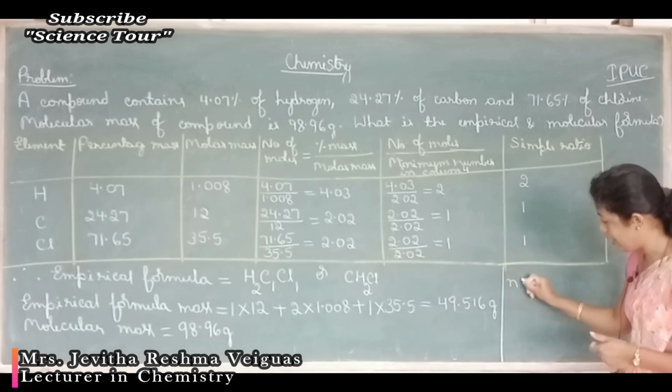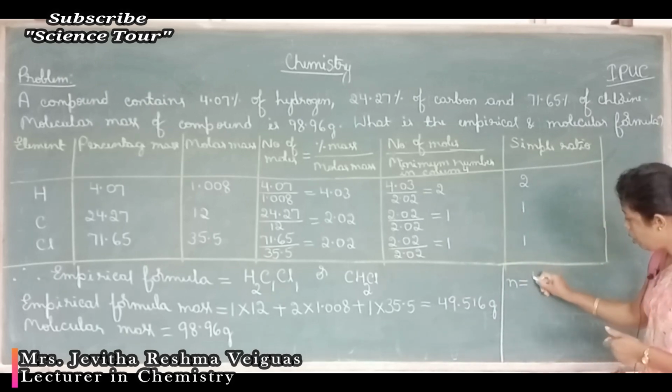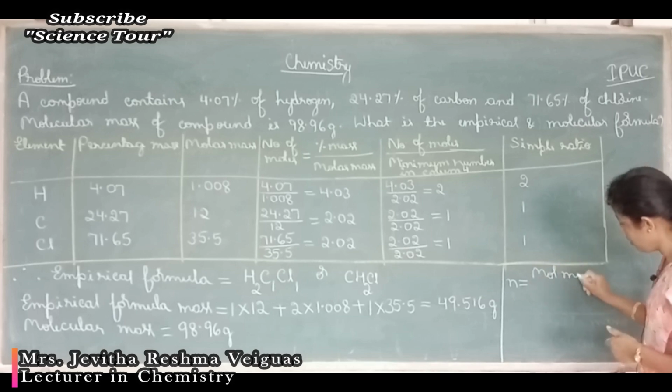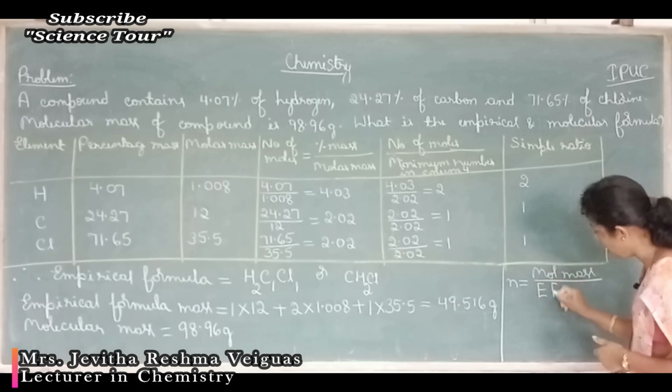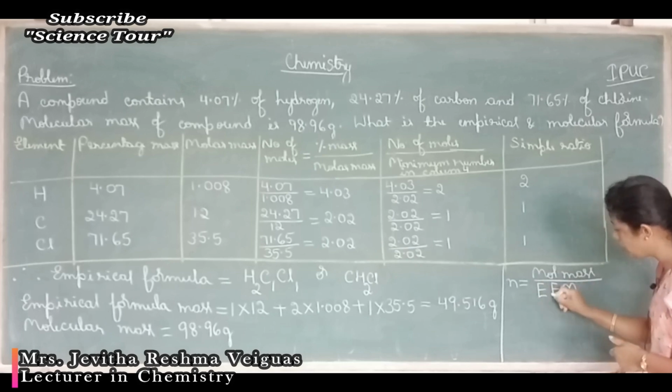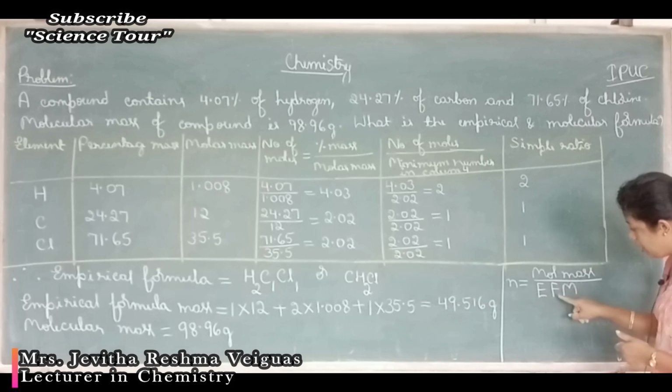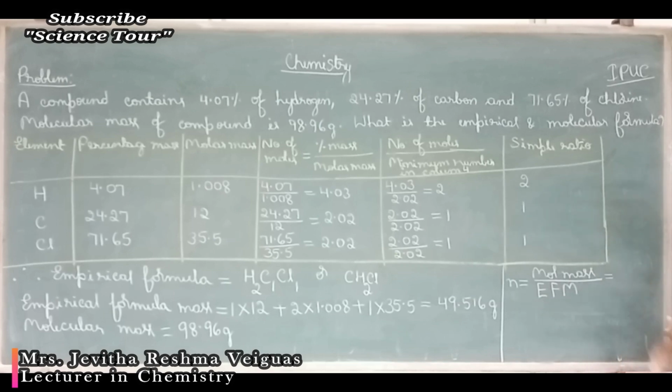Find the integer n. n is equal to molecular mass divided by empirical formula mass, I'll denote it as EFM. That is equal to 98.96 divided by 49.516. If you divide these numbers, the answer you get is approximately 2.